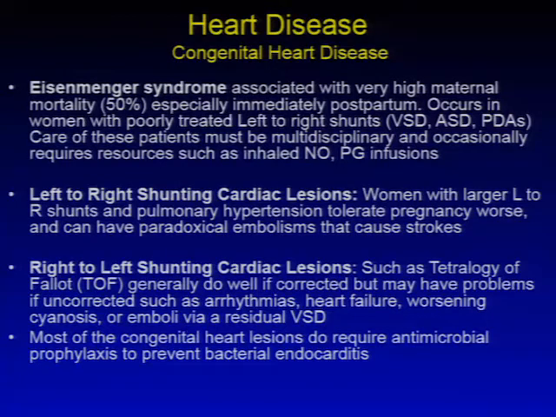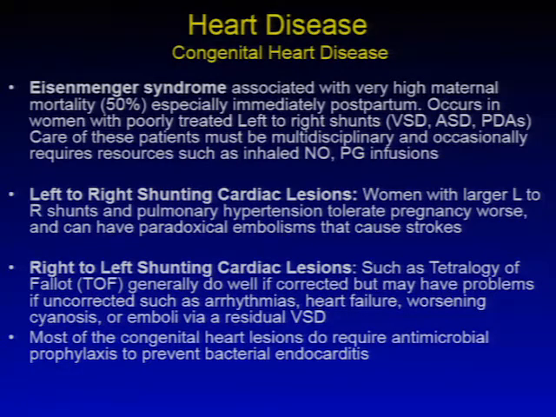Regarding left to right shunting cardiac lesions, women with the larger left to right shunts may develop pulmonary hypertension and tolerate pregnancy very poorly. They can have paradoxical embolisms that can cause strokes.